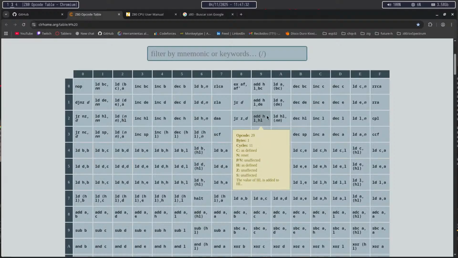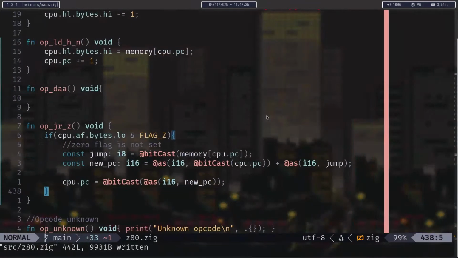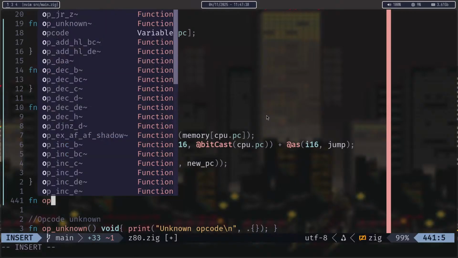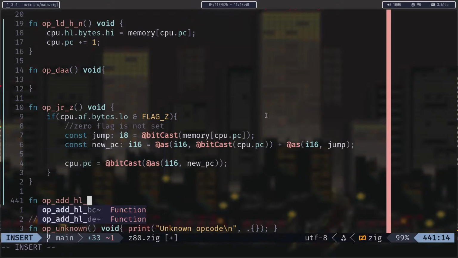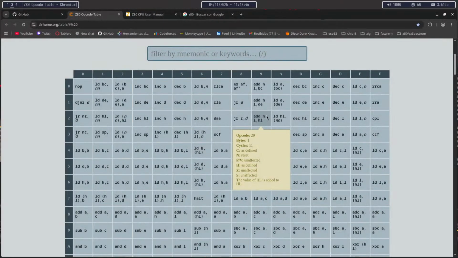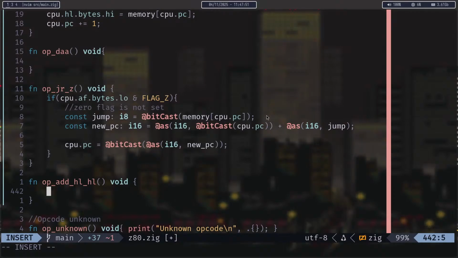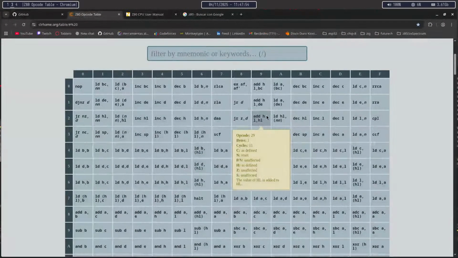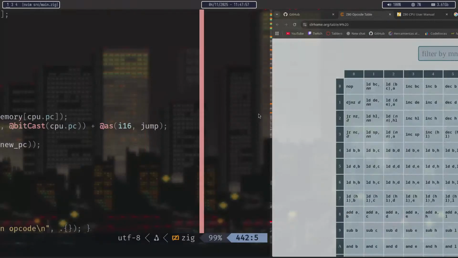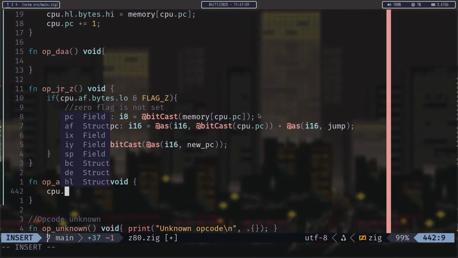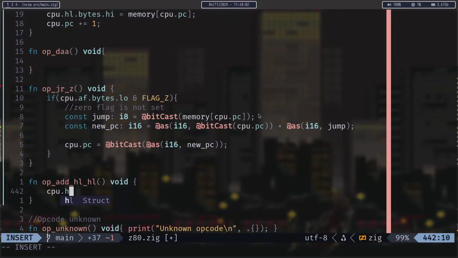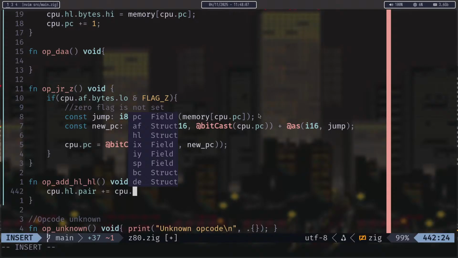But add HL. Okay. HL, interesting. This is only 1 byte, makes sense. HL equals CPU dot HL dot pair.